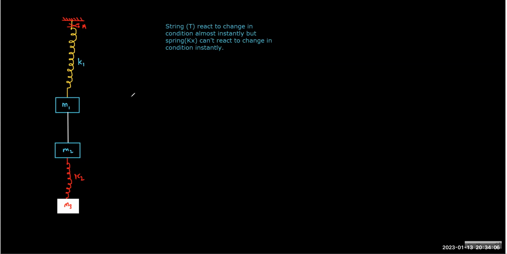The string will be still unaware that the spring is cut there. Because unless M1 accelerates, unless M1 is trying to move, the string will remain intact in the same fashion with the same force. So when you cut at A, every block will remain at rest.